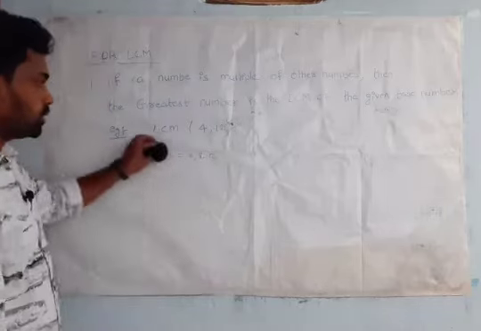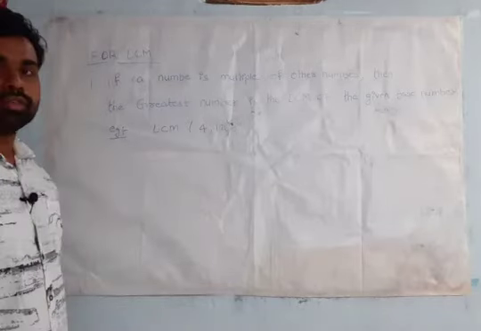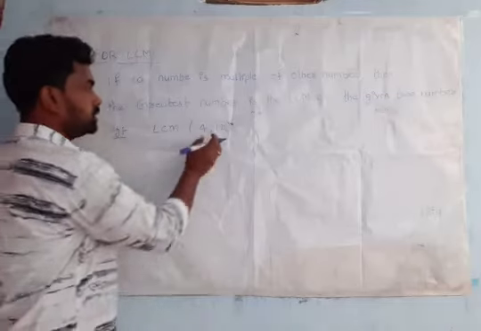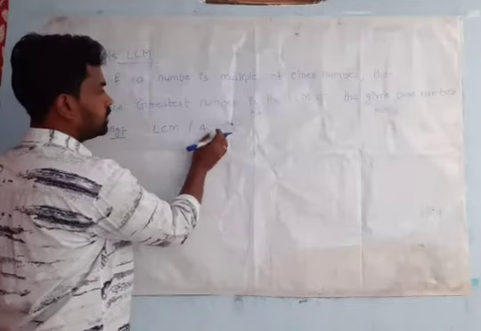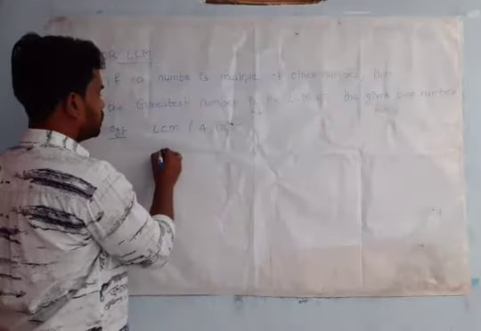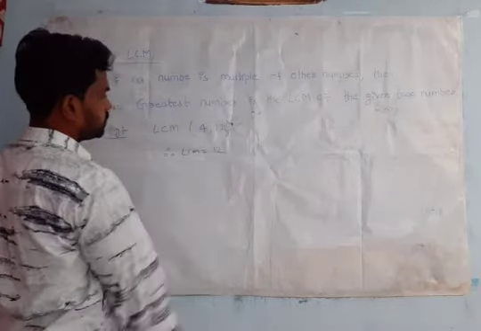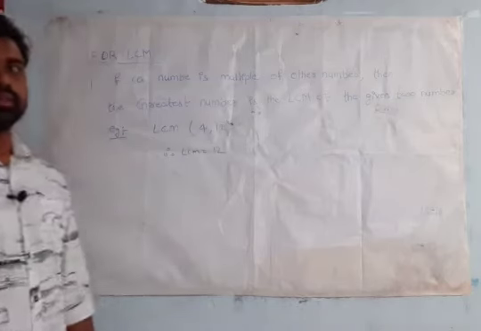Yes or no? Then if one number is a multiple of other number, then this greatest number is the LCM of these two numbers. Therefore, LCM equal to 12. Understood?